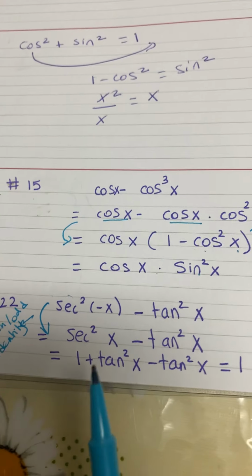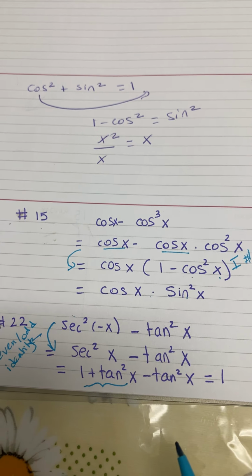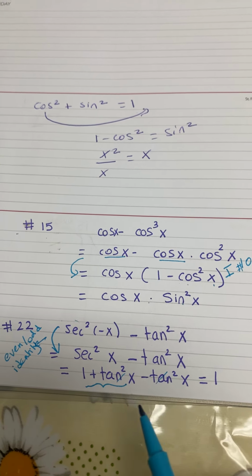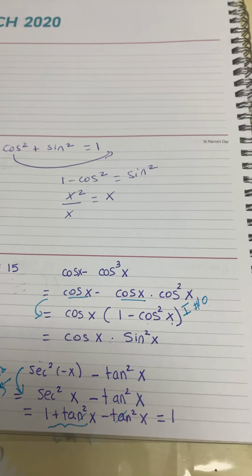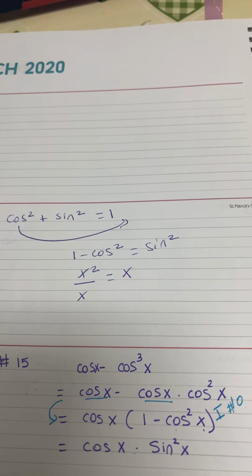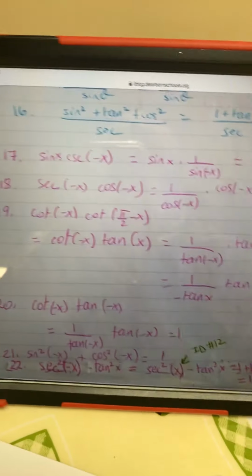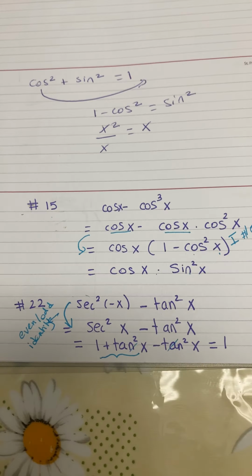So I rewrite secant squared as 1 plus tan squared. I recopy minus tan squared. Those cancel out, and I'm left with 1. And again, this was number 15, 20, and 21. And at the end, 22.